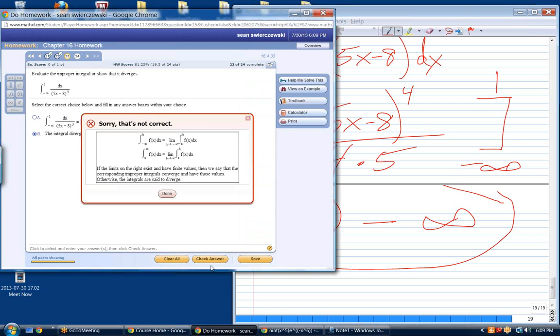Interesting. Negative infinity to b is the same as the negative of b to negative infinity. Why does that matter?